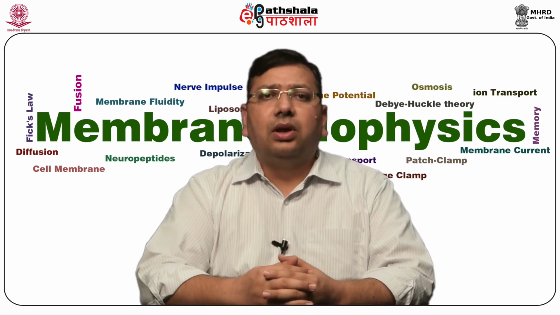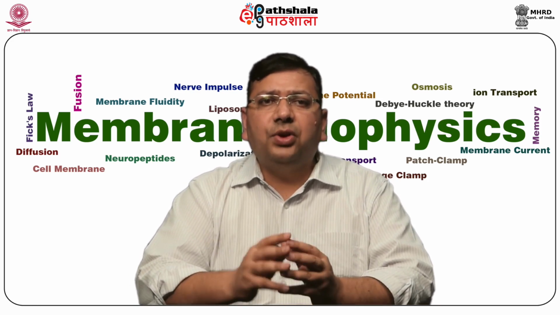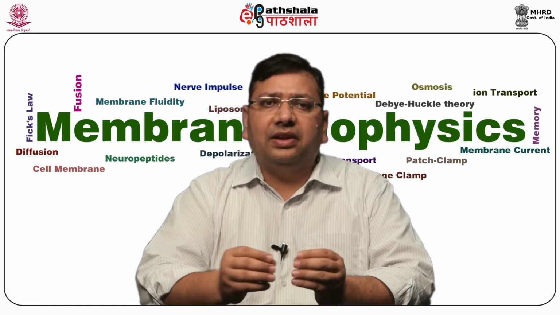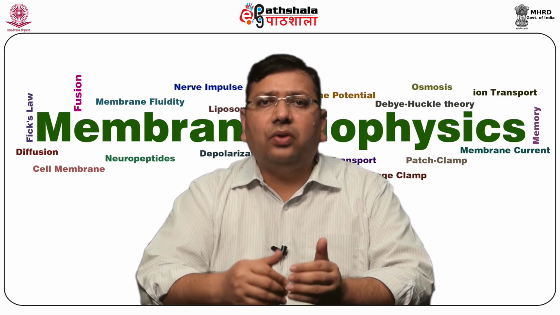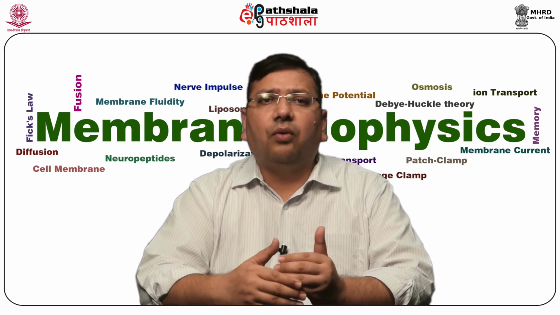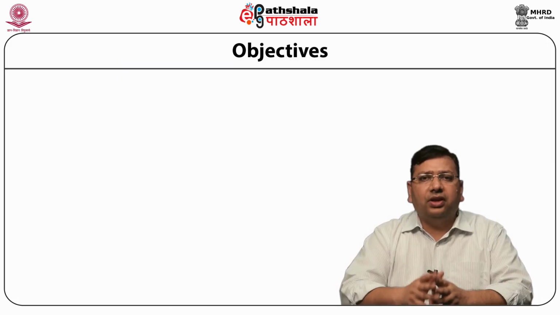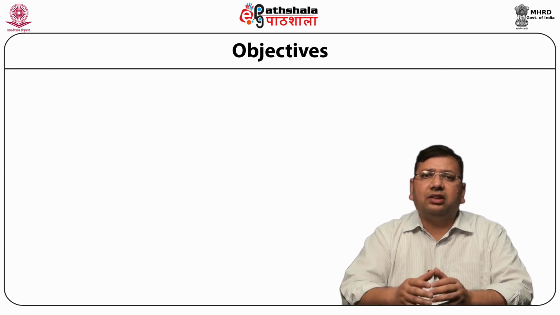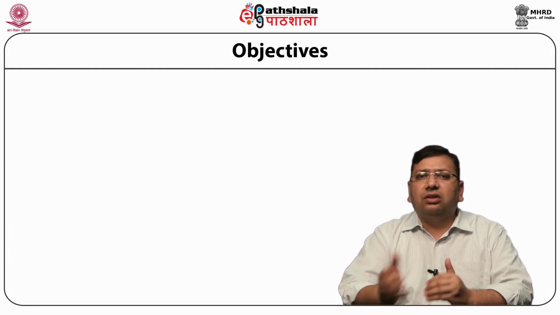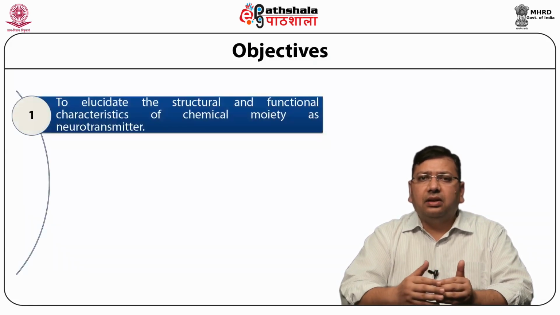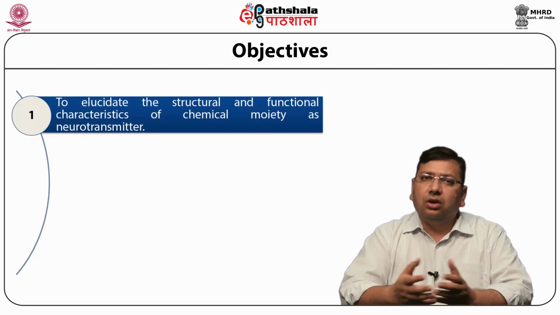The present module primarily provides information on neurotransmitters, their structure-based classification, and the causes and mechanisms of their release and actions. The following learning objectives are prepared to achieve this. Number 1. To elucidate the structural and functional characteristics of a chemical moiety as neurotransmitter.